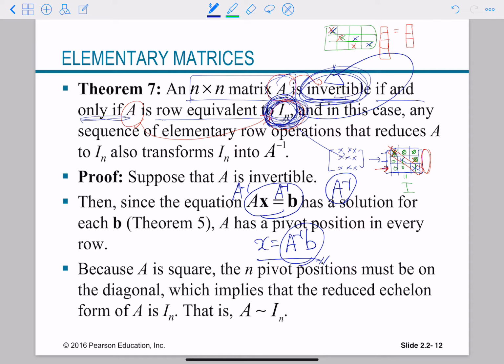For any b, if we can guarantee that at least one solution always exists, it means we have a pivot in every row.